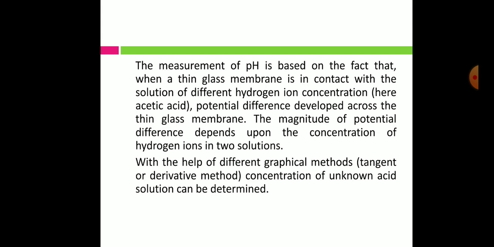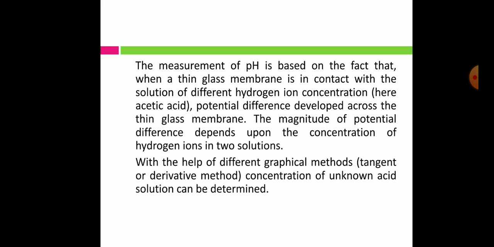Now, what will be our observation? Our observation will be like this: when we start adding NaOH to the acetic acid solution, there is an increase in the pH, which is quite obvious. We are adding an alkali to an acid, so the pH is definitely going to increase. But it follows one pattern, and what is that pattern?